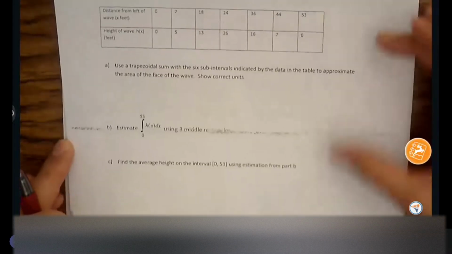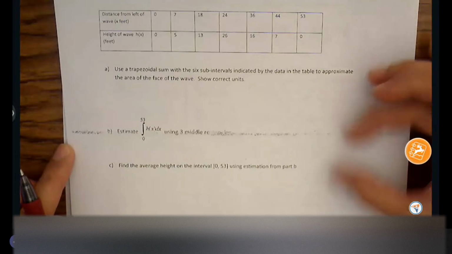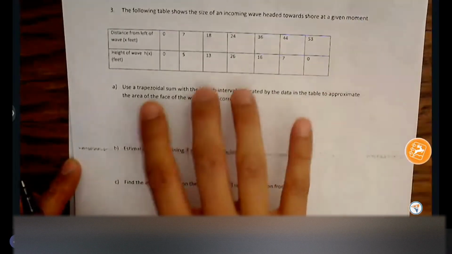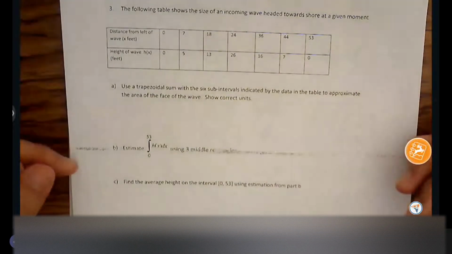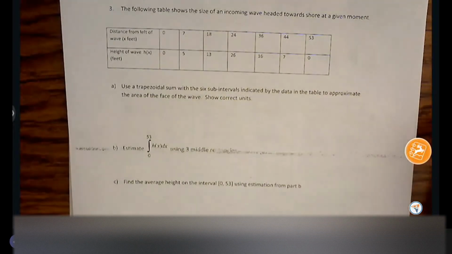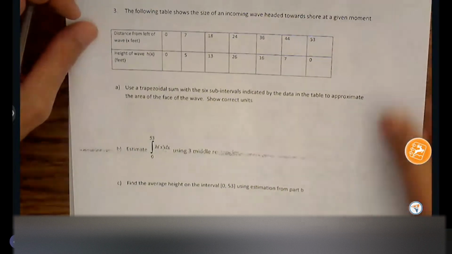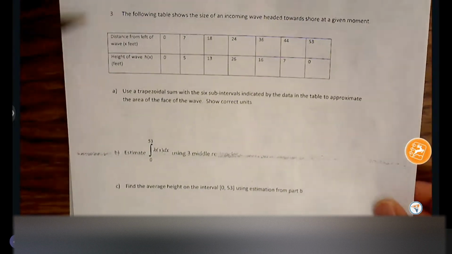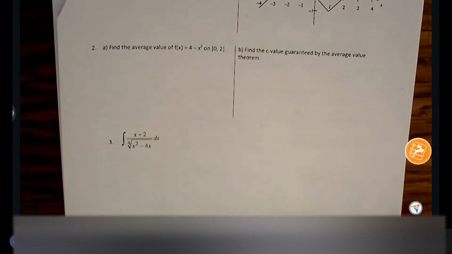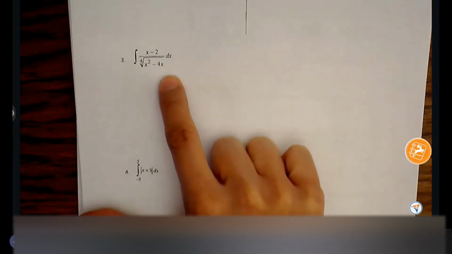Table of values. I think I'm going to skip this one just because we did it yesterday. I want to focus a bit more on maybe an even odd function, and we'll do a u substitution. So I'm going to go over to the morning review here, and let's look at number 3.